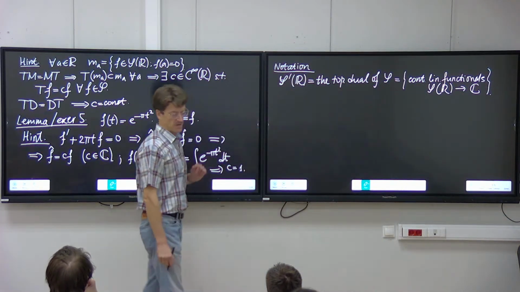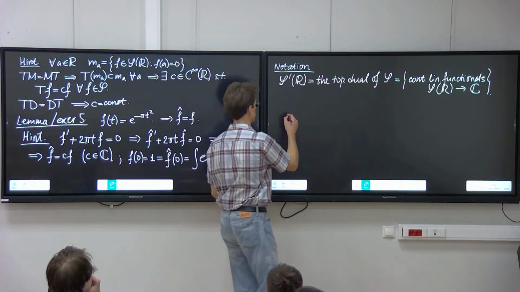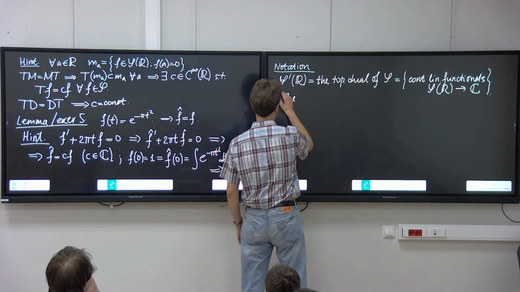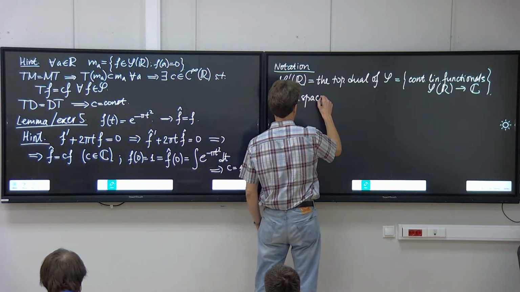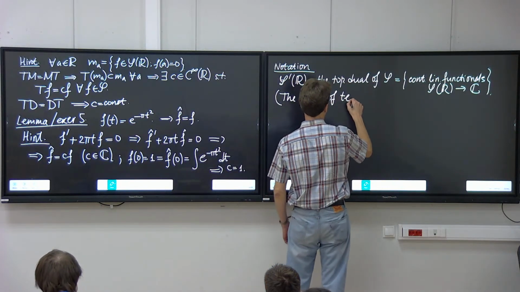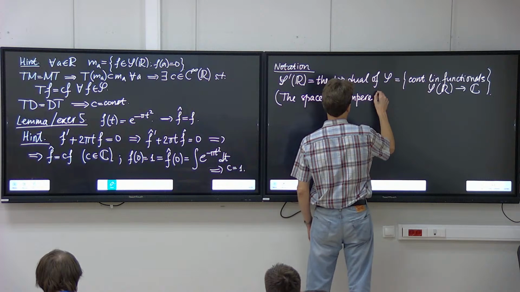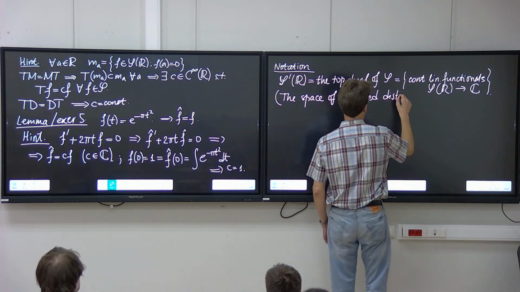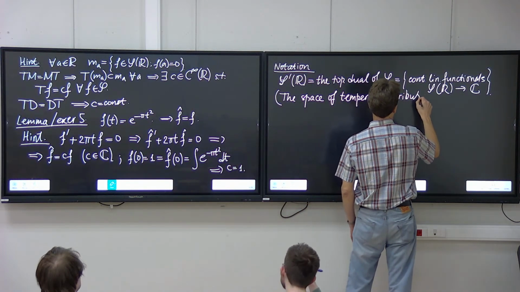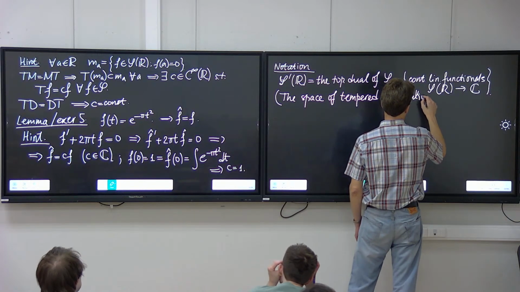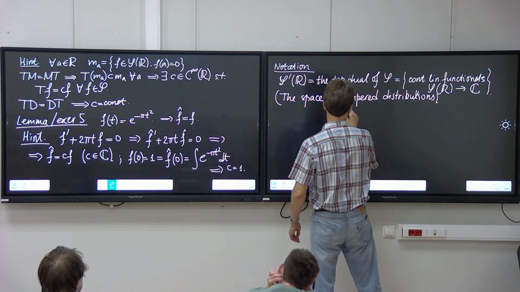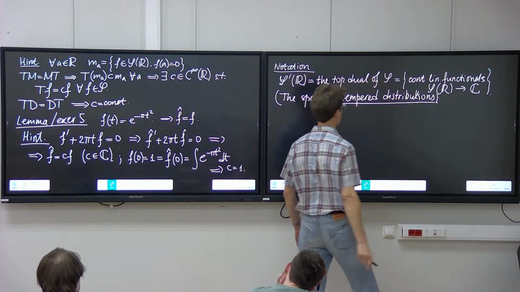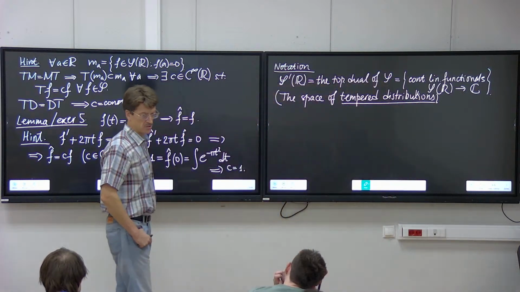This space is called the space of tempered distributions. I will not explain the terminology at this point.